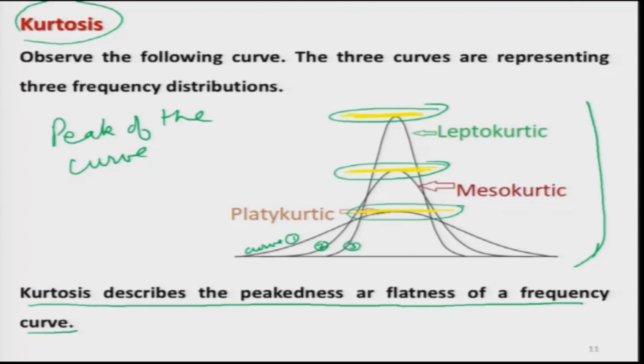Now, you can see here from these curves that one of the curves has more peak and other curves have less peaks. But how to compare it? What is more and what is less? So, what we try to do here is measure the peakedness with respect to the peakedness of the normal distribution.